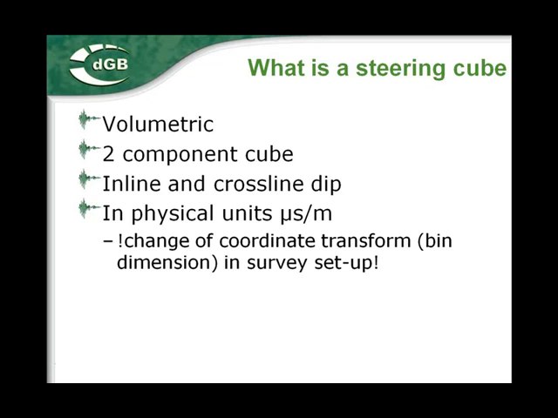This is important to realize, because the first thing we often do in our OpendTect project is set up the project, and that includes a coordinate transform. And the second thing is often a steering cube, making a steering cube. Now, if you later find a mistake in your coordinate transform, the coordinate transform from x, y to inline, crossline, it will actually change your bin dimensions.